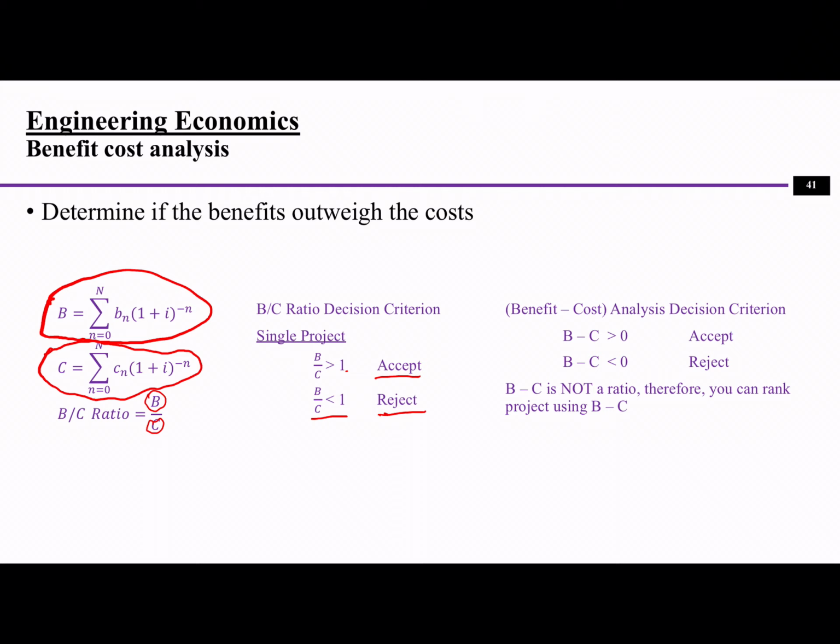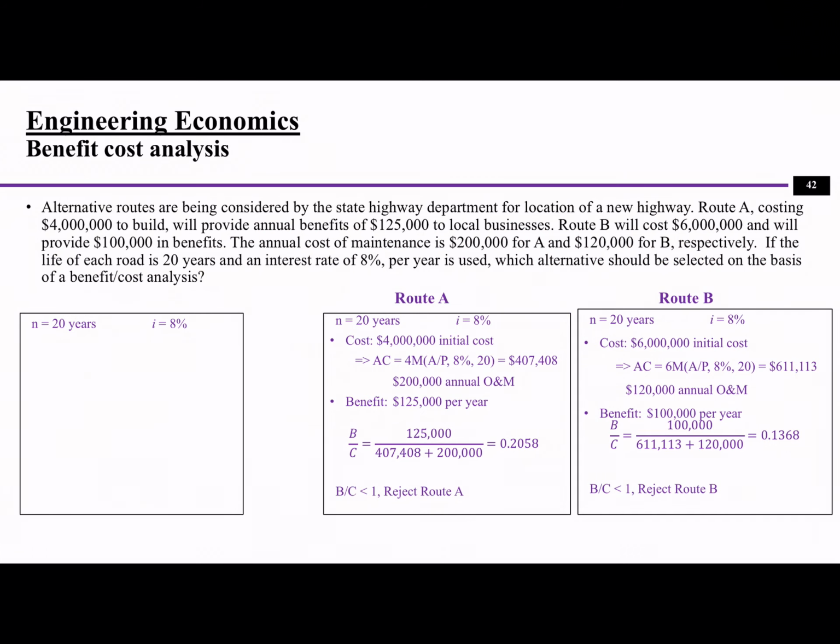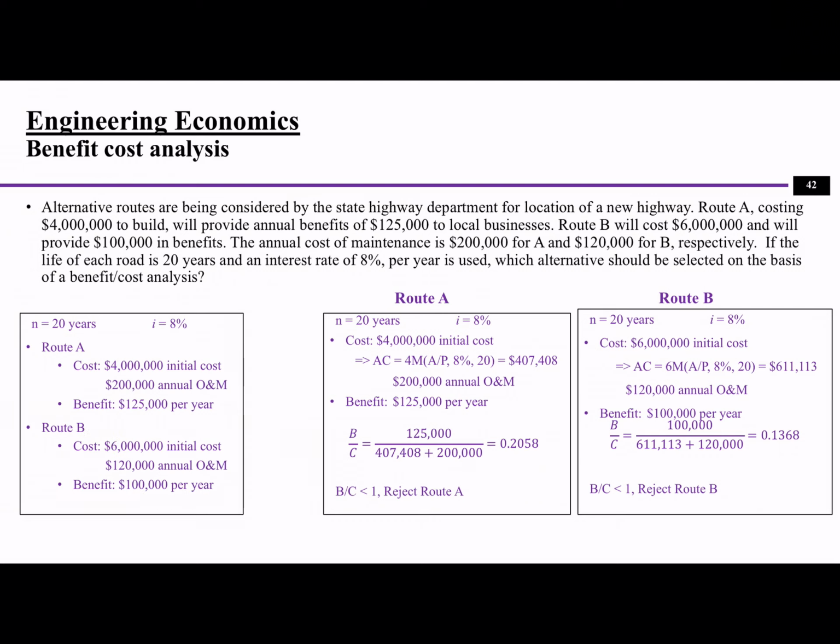We accept the project. If it is smaller than 1, its benefit is less than the cost, so we reject. Similarly, if benefit minus cost is bigger than 0, we accept the project. If benefit minus cost is smaller than 0, we reject because the benefit is less than the cost. All right, now let's use one example to look at how we can make those comparisons.